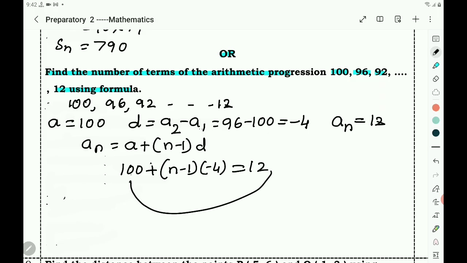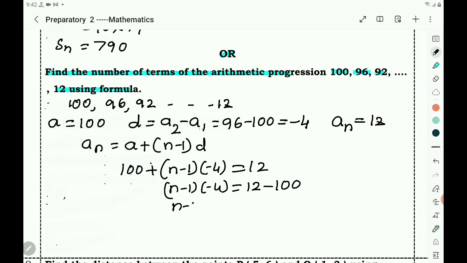Then you transfer this 100 to the RHS by writing n minus 1 into minus 4 in the LHS. n minus 1 into minus 4 equals 12 minus 100. Here we have to subtract 12 from 100, that is 100 minus 12. 10 minus 2 is 8.